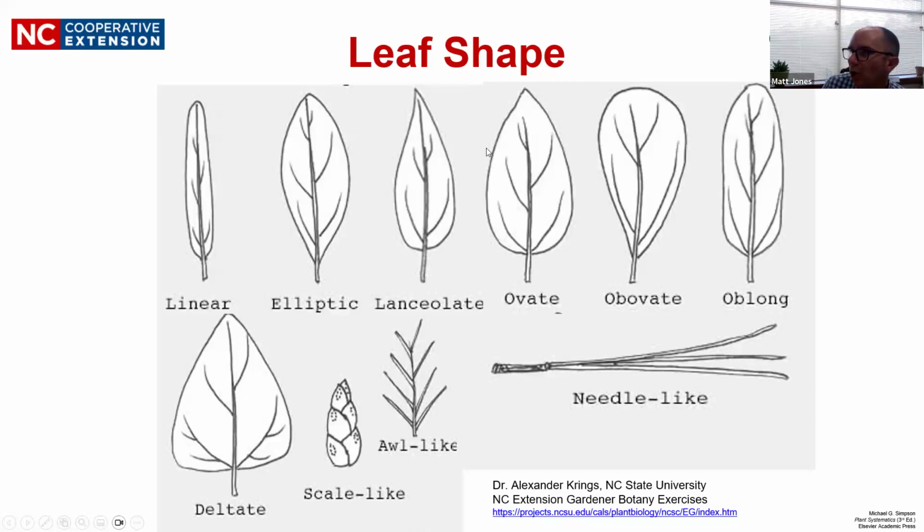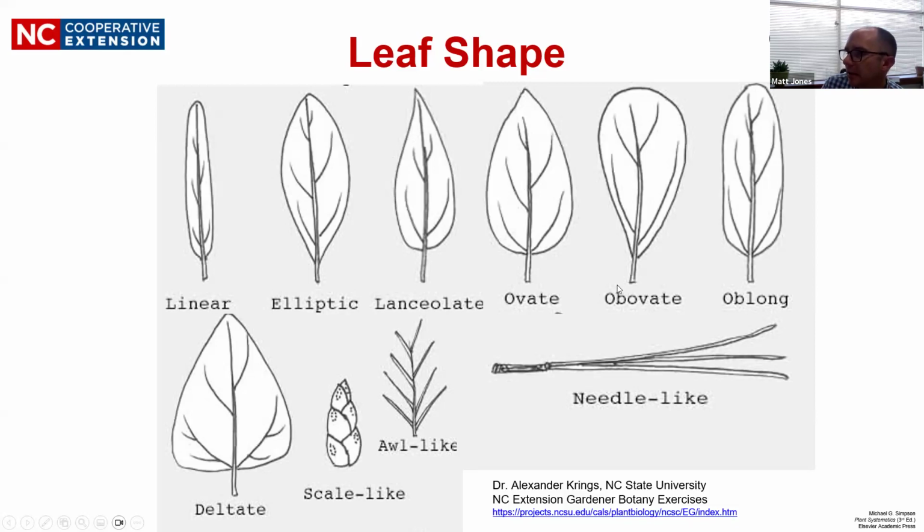Contrast that to an ovate leaf, and the root word here is not oval, it's actually ovum for egg. So an ovate leaf is egg-shaped, quite dramatically wider at the base, with a less pronounced narrowing at the tip. Lanceolate is going to be narrow overall, and the widest point is going to be even lower in a lanceolate leaf than in an ovate leaf.